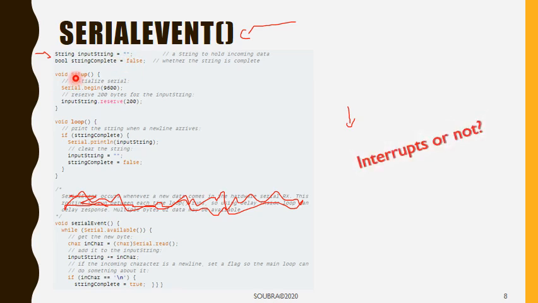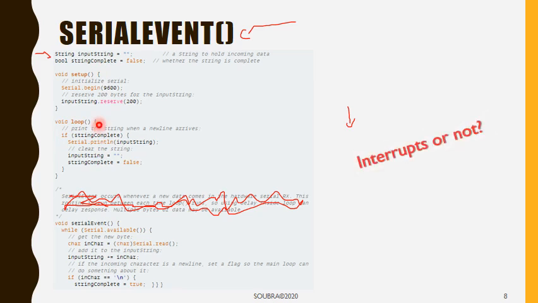Then I have my classical setup function where I'm fixing the baud rate. And then this, if you're not familiar with that, doesn't really matter. This means that I'm making sure that there's enough memory for 200 bytes here. And then I have my perpetual loop. In my perpetual loop, I'm testing the flag and doing some stuff.